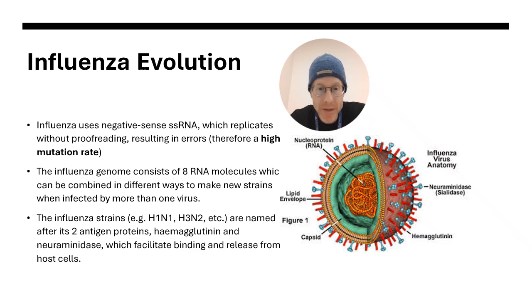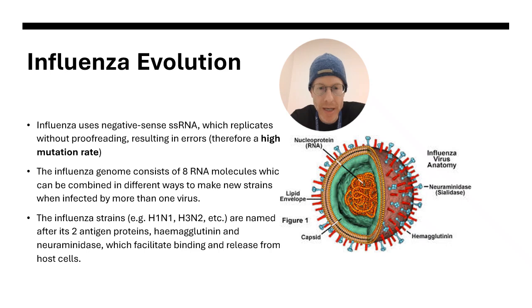It has 8, and so they can be combined in different ways to make new strains. And if you're infected by more than one virus with different strains at the same time, those different strands can end up in the same host cell and produce a new combination of those 8 RNA molecules and make a new strain. That's another reason they mutate quickly.